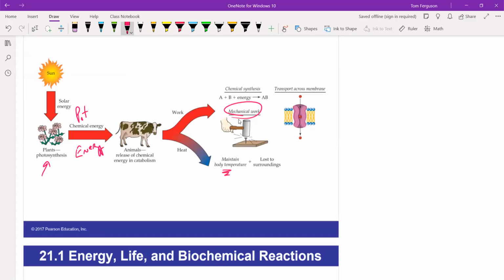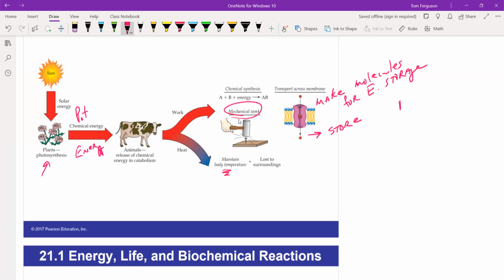We can also use it to make molecules for energy storage.